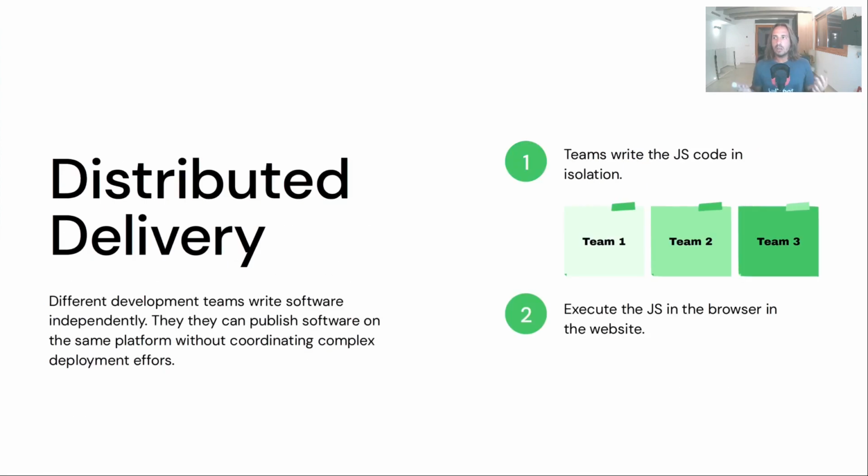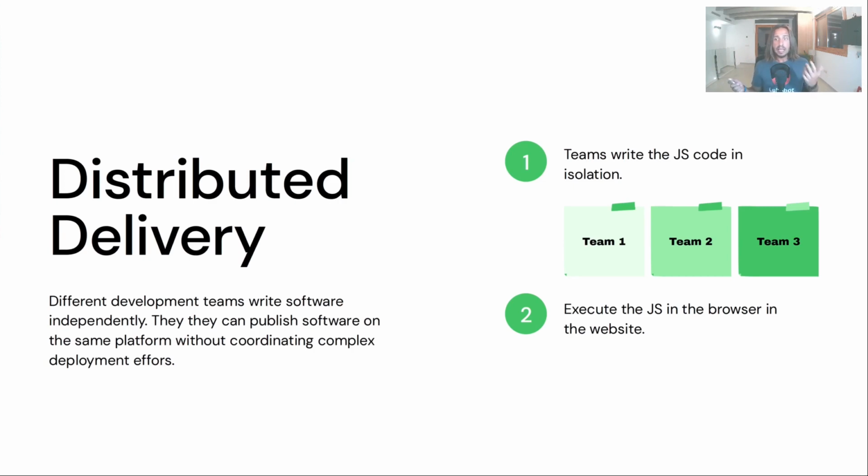Also, another thing that we today find useful in one of my projects is that we can have different teams working on different parts of the site, or even in different parts of the same page, right? And they don't have to be coordinating complex deployments, which is what happens typically with different teams converging together on the same publishing platform.